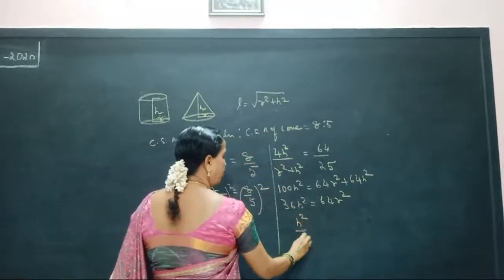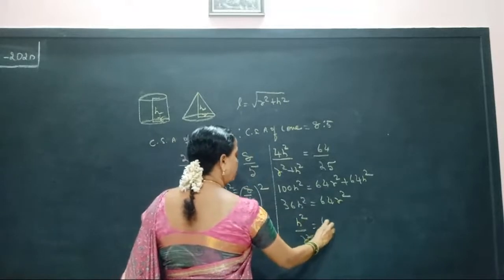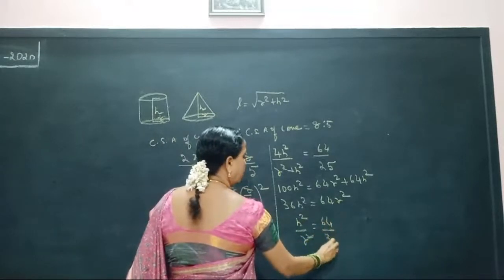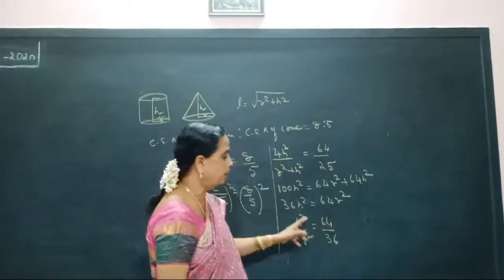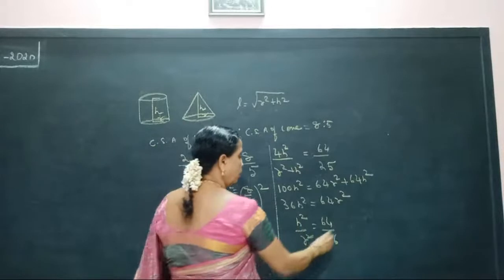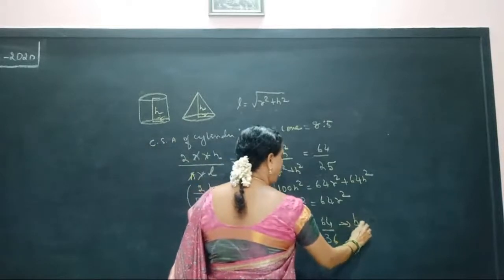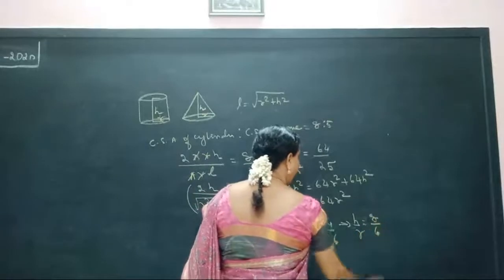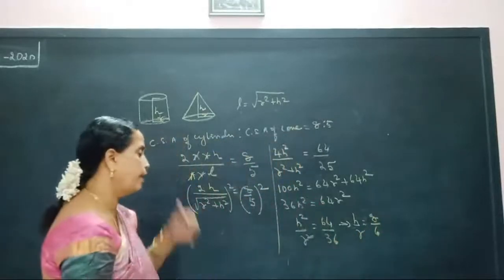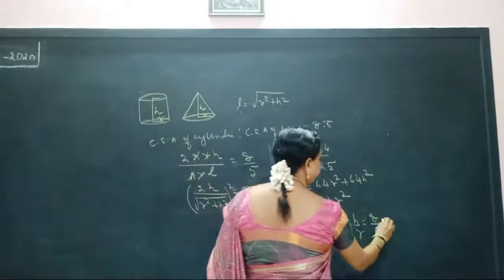H square by R square equals 64 by 36. Now H upon R will be 8 upon 6. Therefore, the ratio is 4:3.